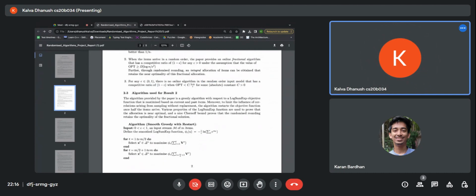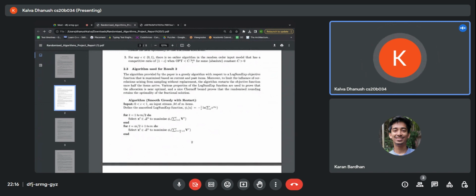So this is one bound which the paper has left as an open problem. When the value of the optimal is greater than or equal to log n by epsilon square, it has a competitive ratio of 1 minus epsilon. When the value of the optimal solution is less than log n by epsilon, there is no online algorithm. But we do not know anything about the results when the optimal solution lies between log n by epsilon and log n by epsilon square.